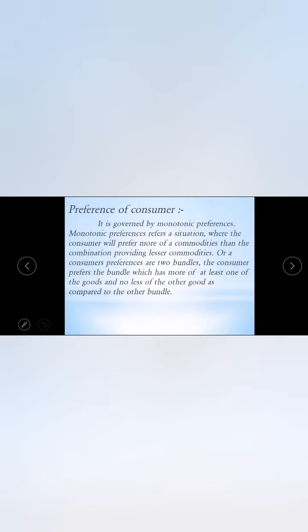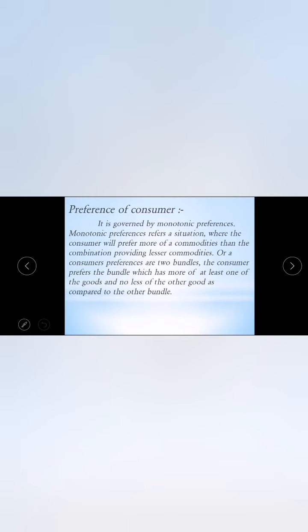Next, preference of consumer. It is governed by monotonic preference. Monotonic preference refers to a situation where the consumer will prefer more of a commodity than a combination providing lesser commodities, or a consumer preference for two bundles.